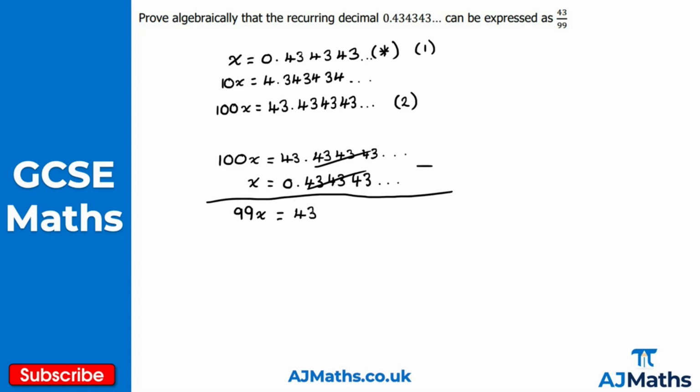Now we just want x, we divide by the coefficient of x here, so x is equal to 43 over 99. And notice that that is exactly what we wanted to show here for our final expression. So what we can say then is 0.43 recurring is equal to 43 over 99. Okay, and there we have it.